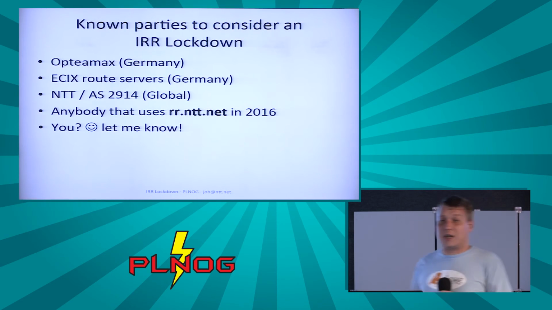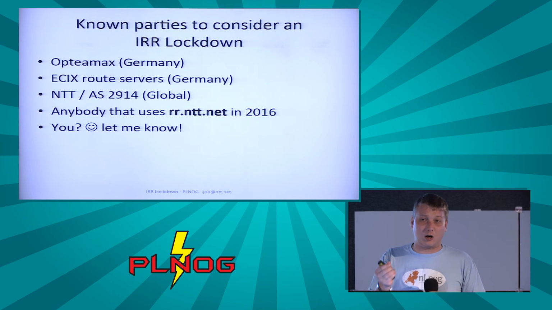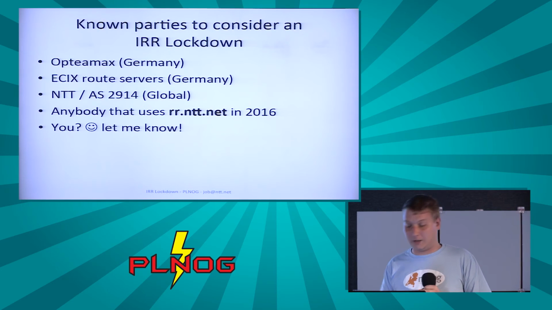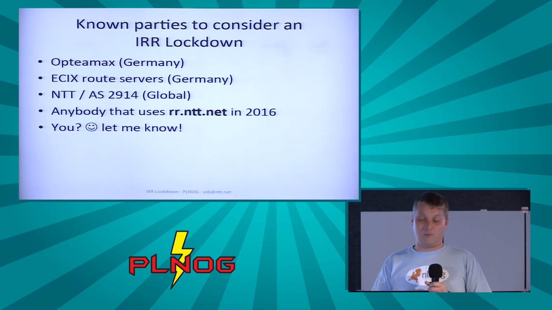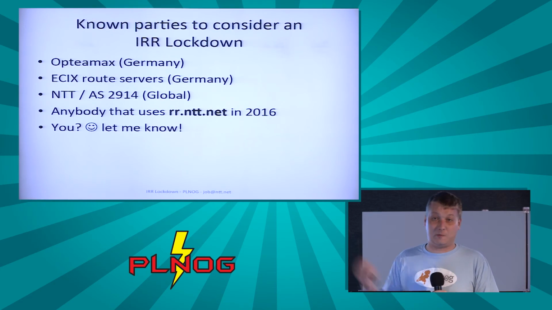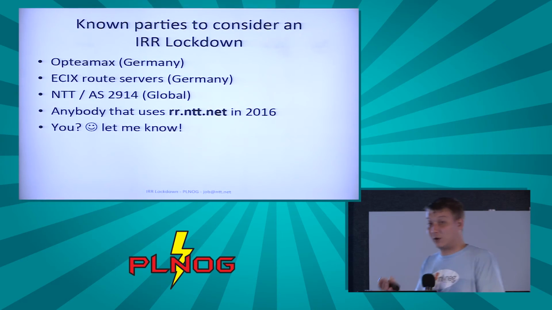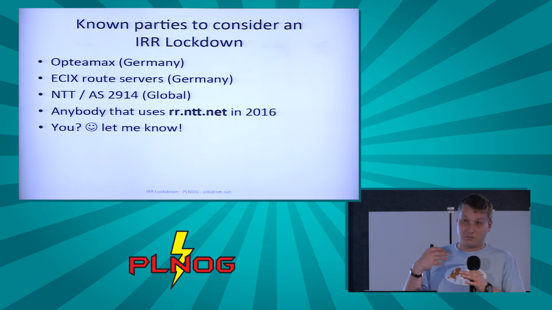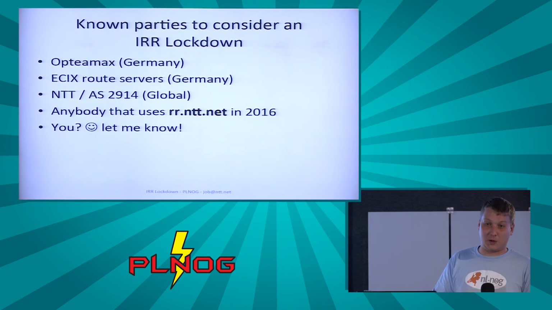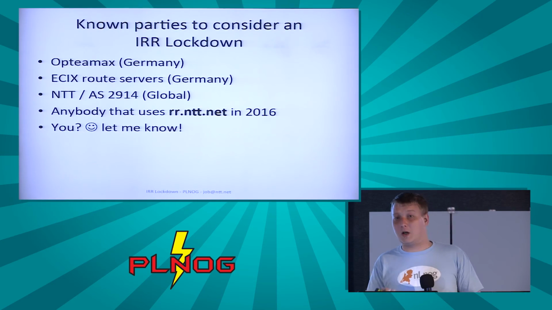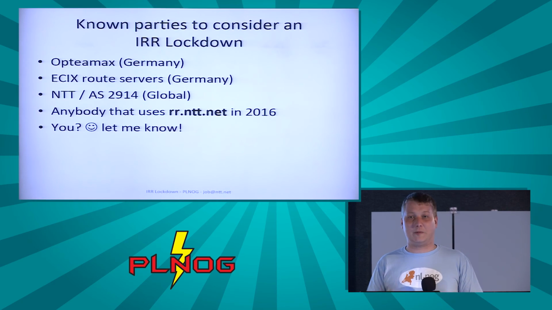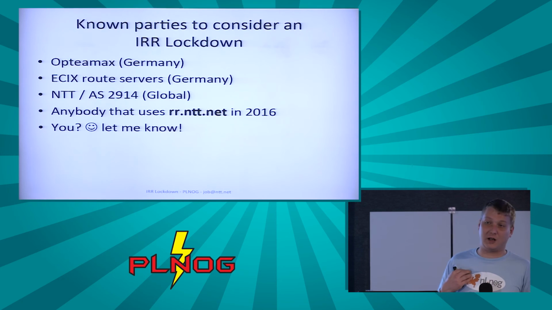And anybody that generates route filters using rr.ntt.net, which is a free public service to query the IRR, will automatically start using this if we implement it. And I hope that you, if you're a transit provider, will use this mechanism as well. And if you're a transit customer, at least ensure that your route objects are registered properly, because that makes our life much easier.